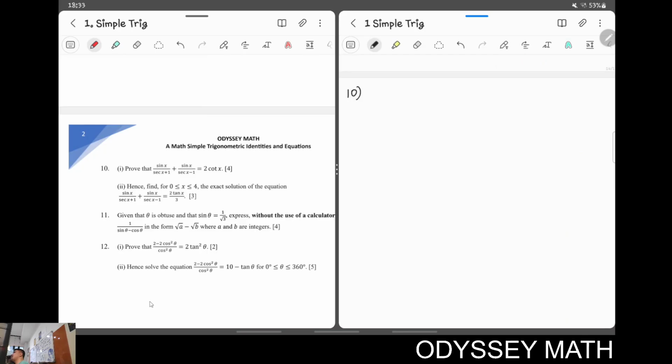Prove that sine x over secant x plus 1 plus sine x over secant x minus 1 equals 2 cotangent x. So we start from the left hand side, the more complicated side. We have sine x over secant x plus 1 plus sine x over secant x minus 1. Here we just combine the fractions by making the denominators the same.